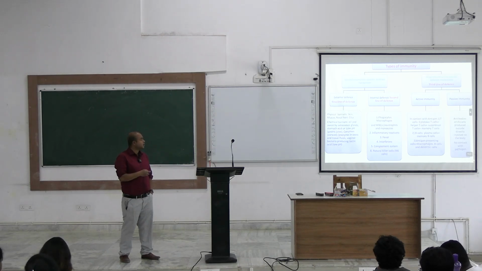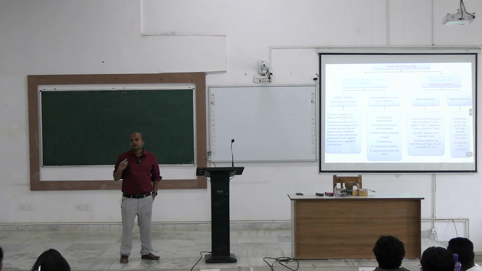For acquired immunity it is B cells and T cells, and in this, when antigens are introduced into the body, they produce antibodies, and those antibodies help in fighting antigens in future.